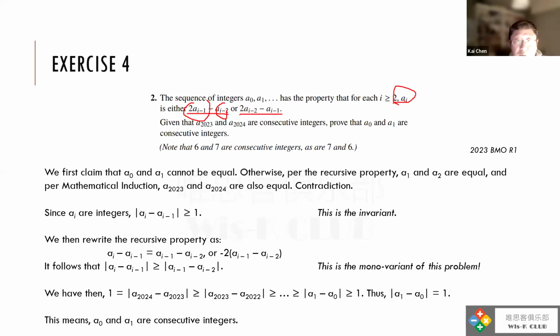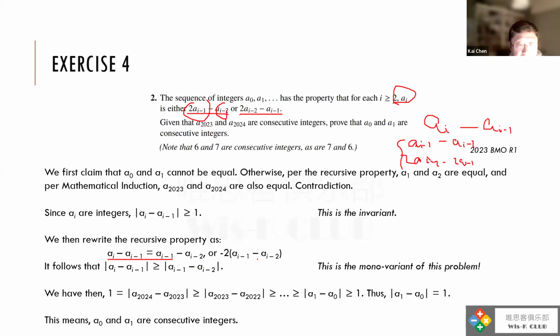So actually you can just remove a_i and use a_i minus a_{i-1}. And it will be either a_{i-1} minus a_{i-2}, or it will be 2 times a_{i-2} minus 2 times a_{i-1}. So actually you can find this already.